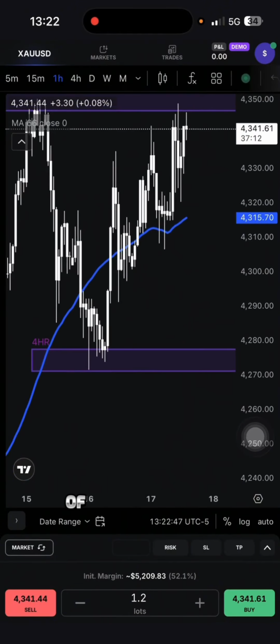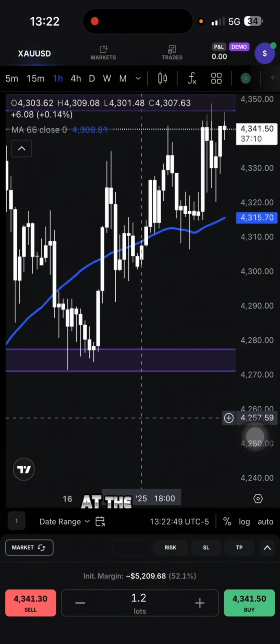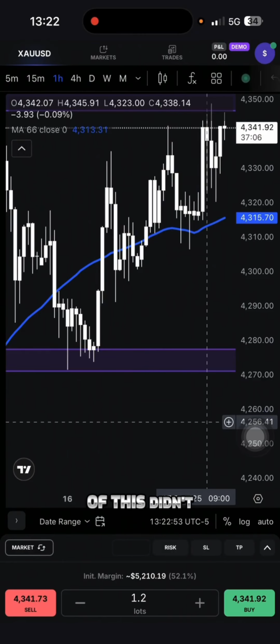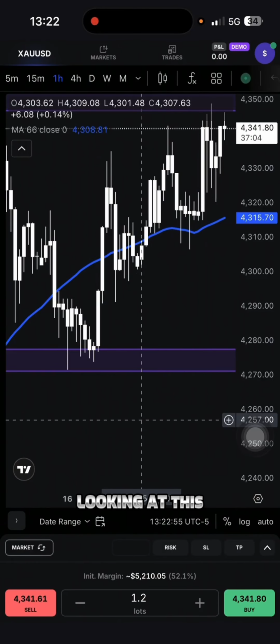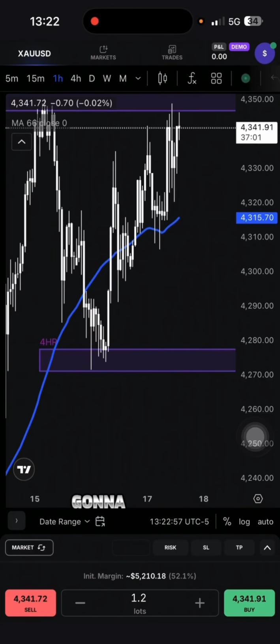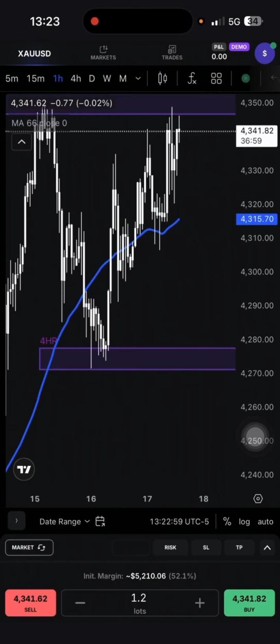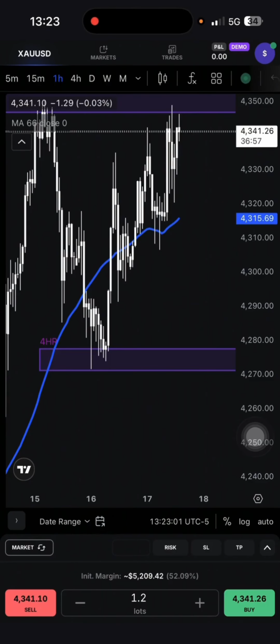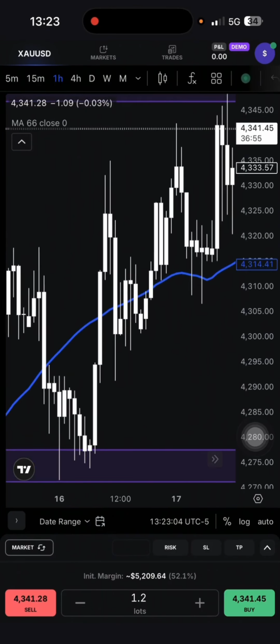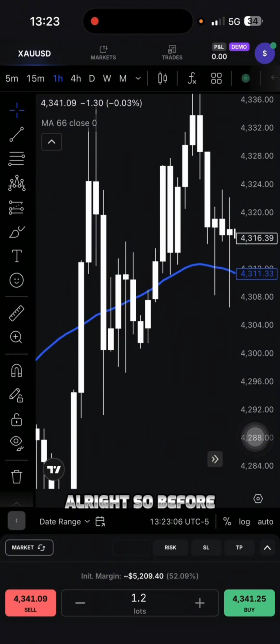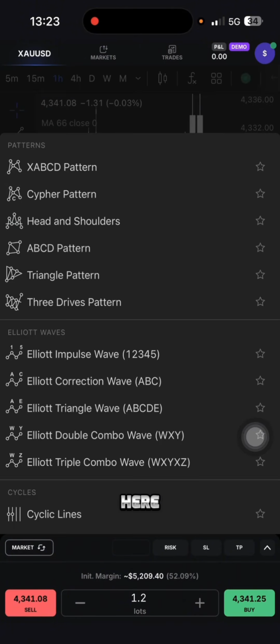So before all of that happened, we were looking at the market open at 6 o'clock, about right here. So all of this didn't happen yet. Looking at this 1 hour, we're going to mark out our zones as well.